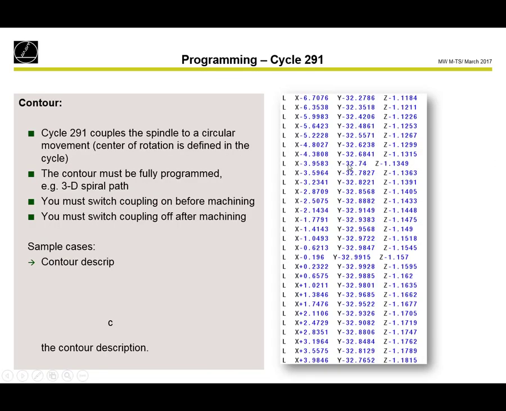So what do we need? We need an NC program. The best would be an NC program with a 3D spiral movement. And we need to switch on the coupling before the machining and switch off after the machining. We can use this if we have a CAM program, or also if we need a back cut, for example.